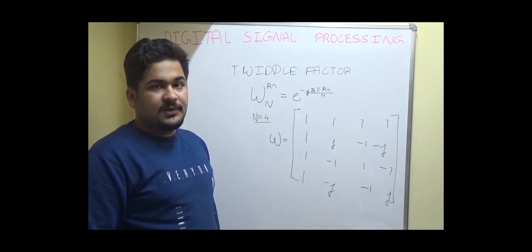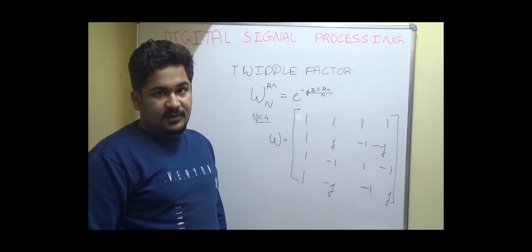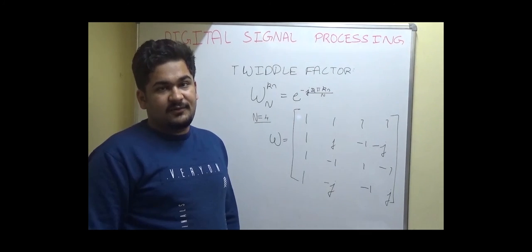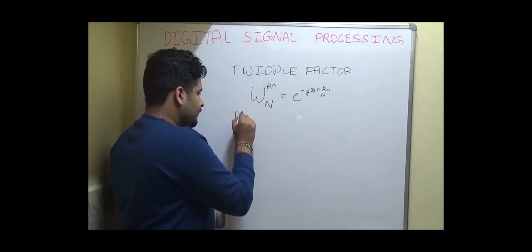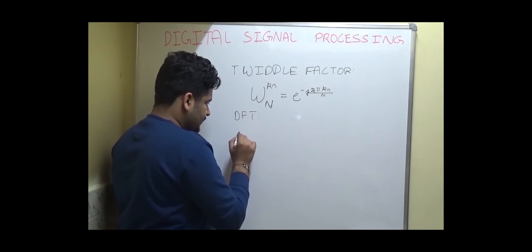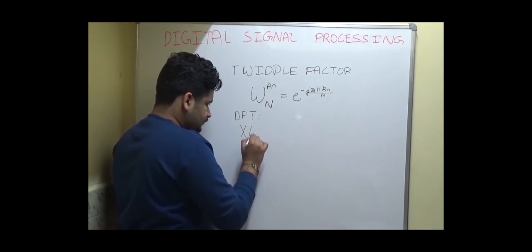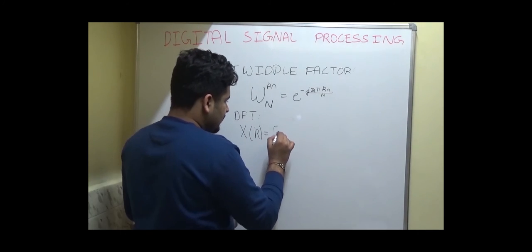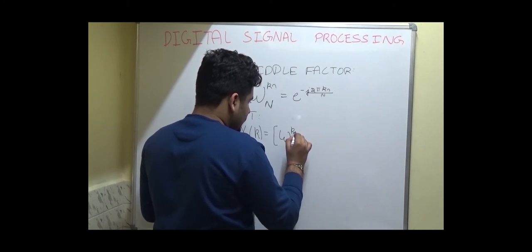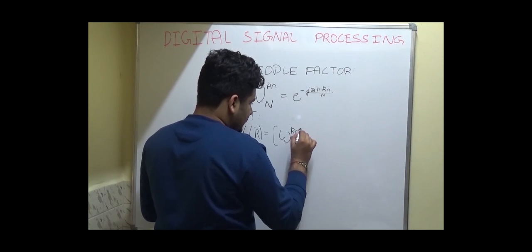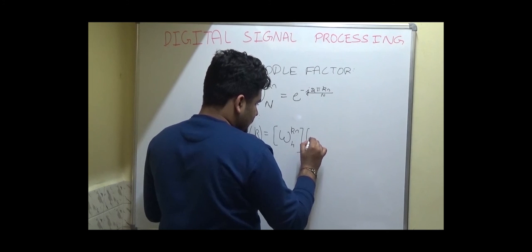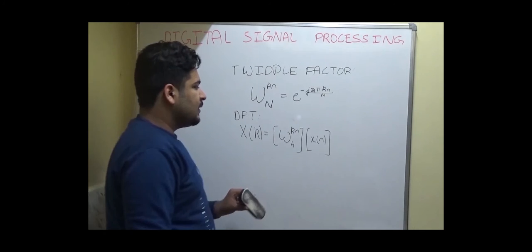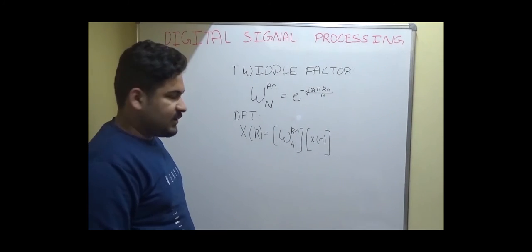Now that we know the matrix representation of the Twiddle factor, let us see the matrix representation of DFT and IDFT formulae. In the case of DFT, the matrix representation goes like this. X of k is always equal to W kn, and the capital N is 4, and the other would be x of n, which is the input signal in the time domain.